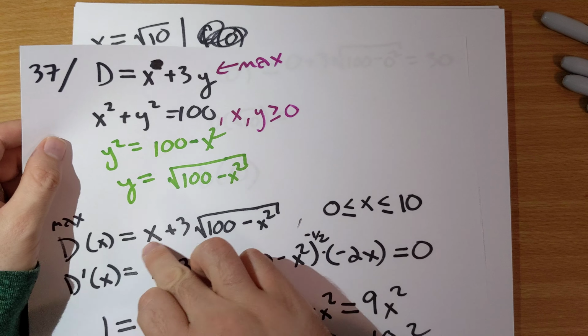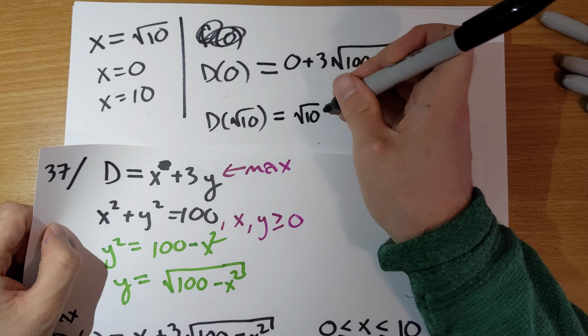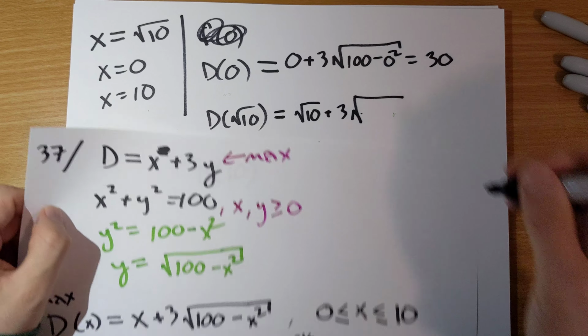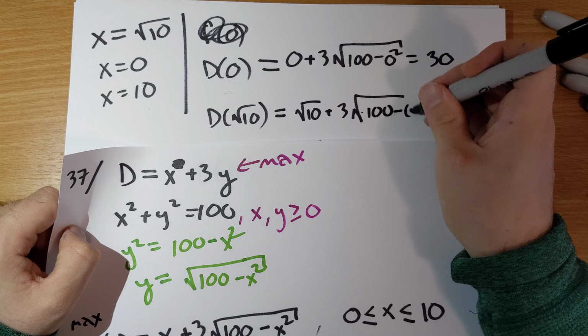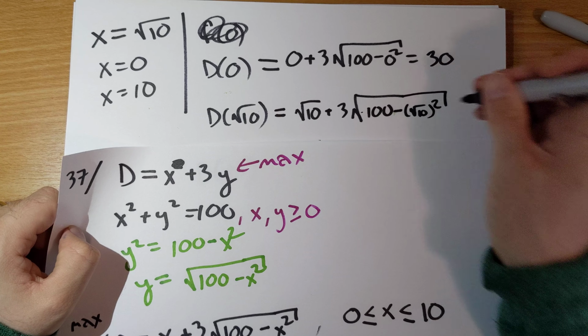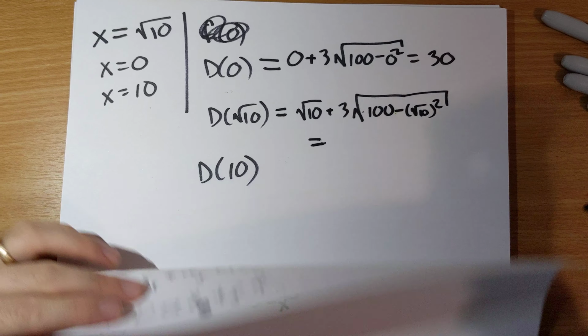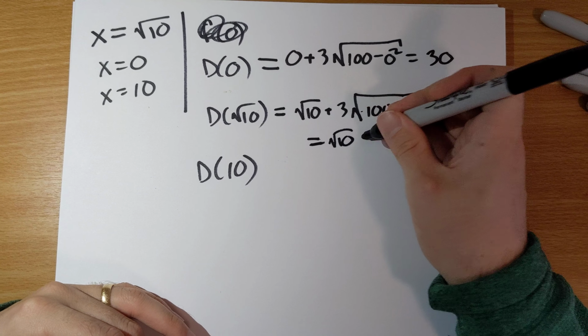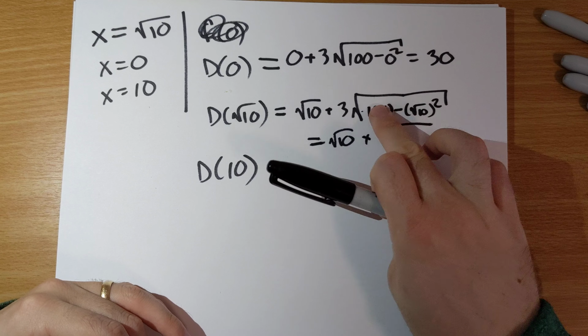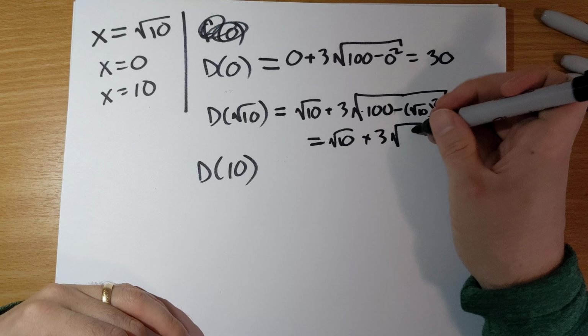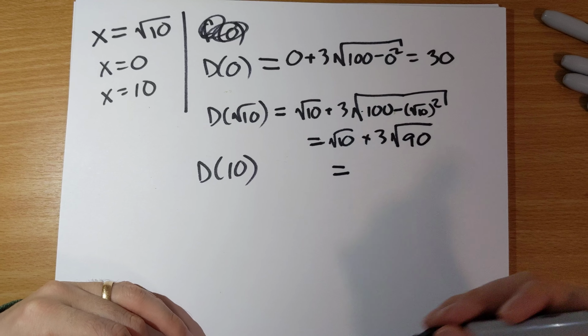d of square root 10 would be square root 10 plus 3 times the square root of 100 minus the square root of 10 squared. That would be 100 minus 10, which is 90.